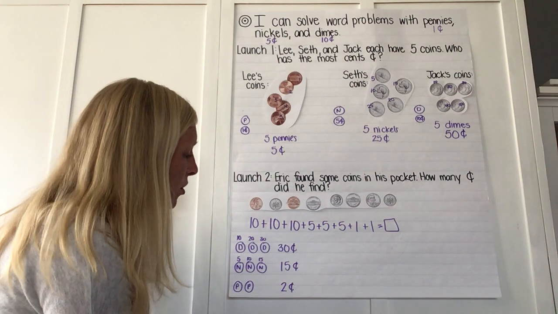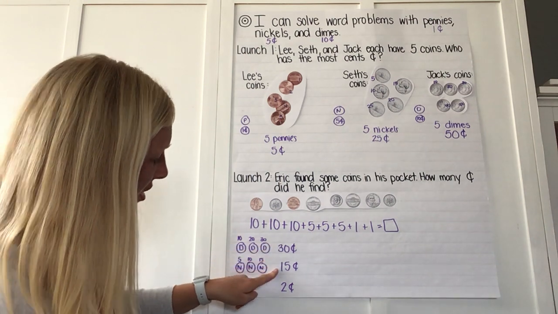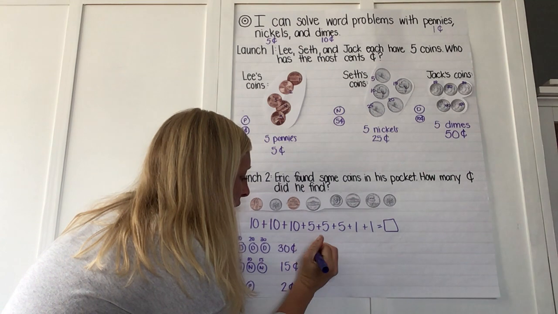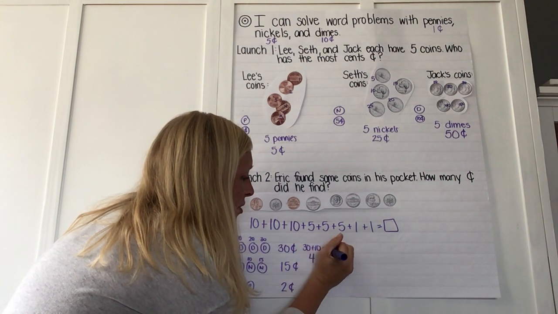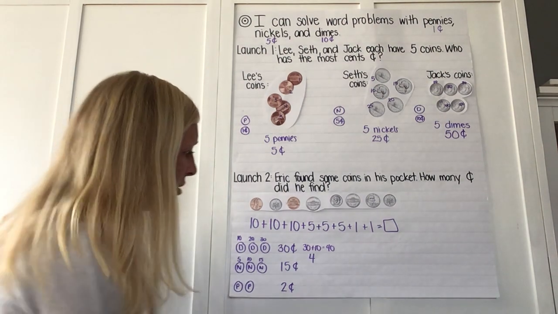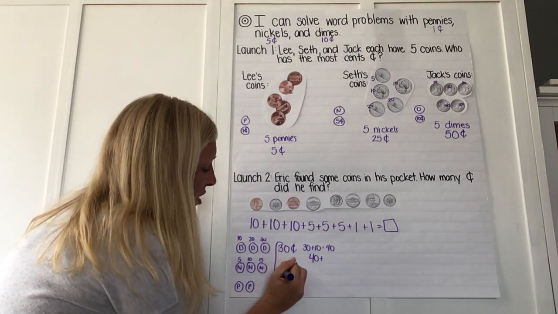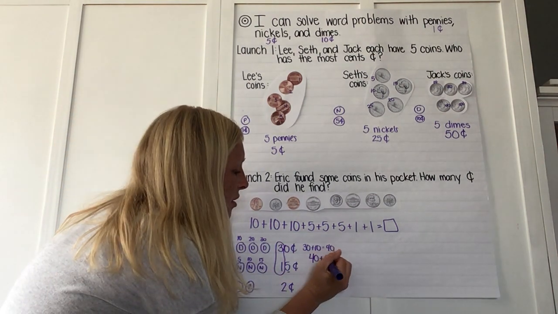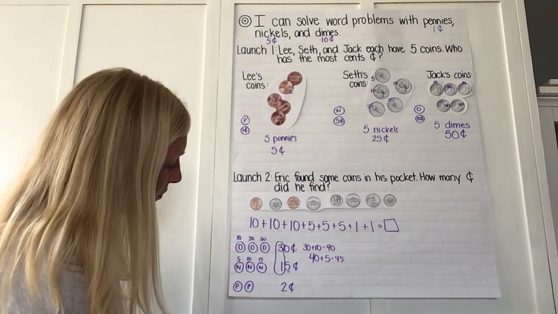Okay, so you had your 30 and your 15, and you knew that 30 and 10 was 40. Okay, so 30 plus 10 equals 40. Okay, and then you had your 40 and your 5. So you looked at your 10s place first, and then you had your 5 extra. And that equaled 45. Okay, and then what did you do?